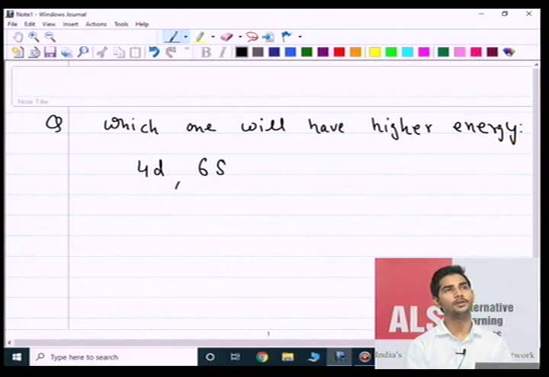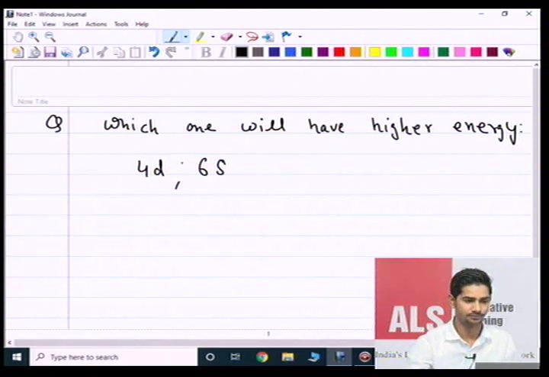Okay, how many of you have got 6S as the answer? Please raise your hand. Okay, very good. Nice. Yeah, absolutely, 6S will have the higher energy.